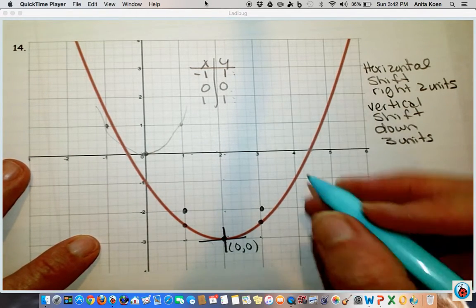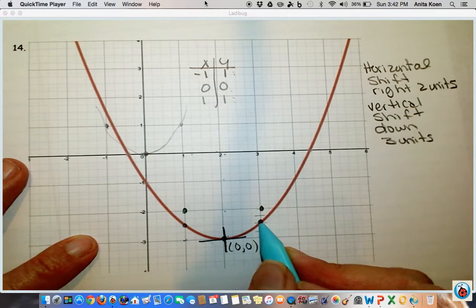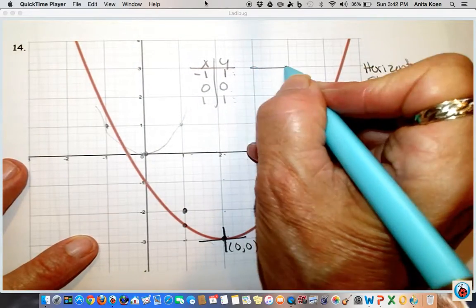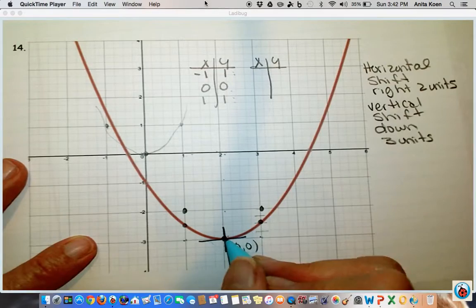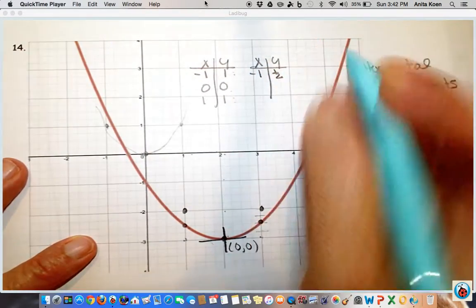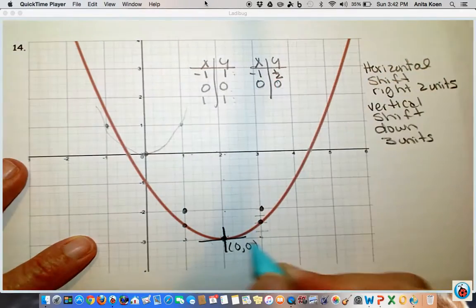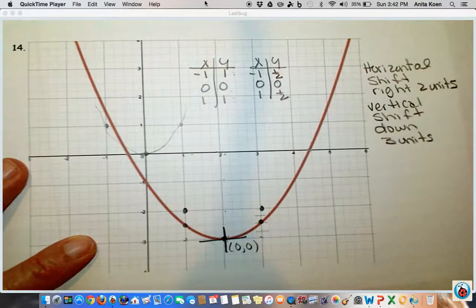Okay, well, maybe I can be, because you see all these other little lines right here? That's a quarter, a half, so this is up 1/2. So I think I can be positive of that. So this is going to be negative 1, 1/2, 0, 0, over 1, to the right, a half.